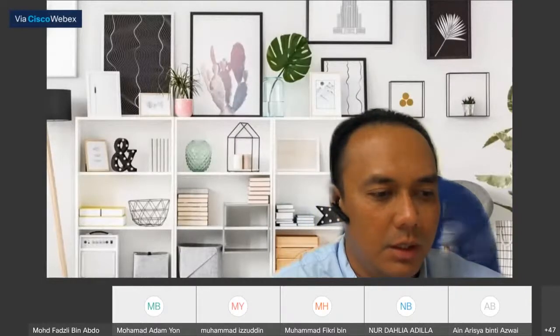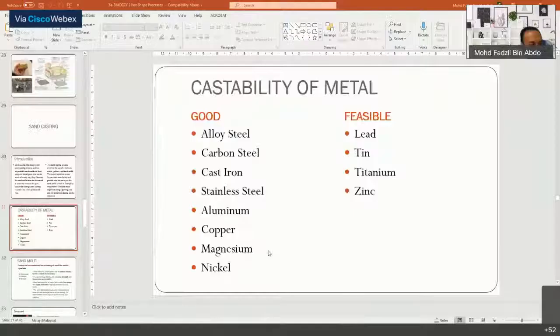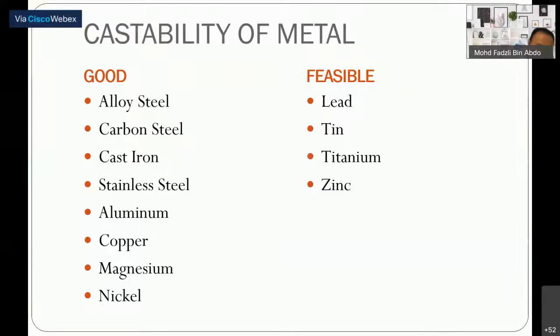So, saya share balik kita punya slide tadi. Itu adalah sand casting. Kalau suruh terangkan pun awak faham lah kot bila tengok video tadi. This is the castability of the metal.